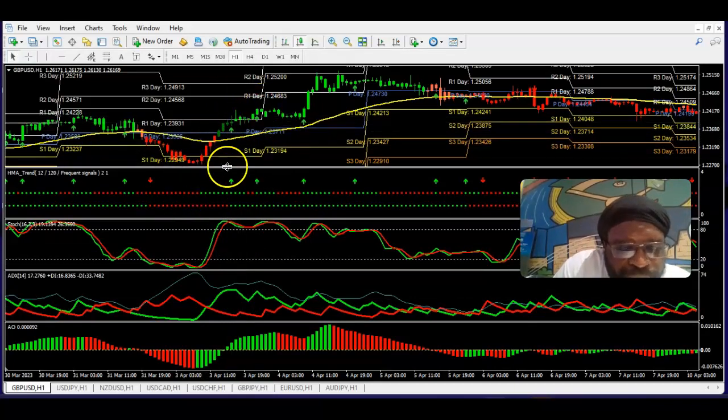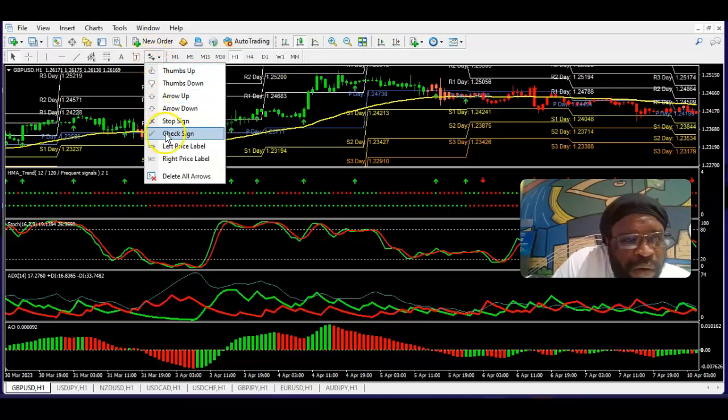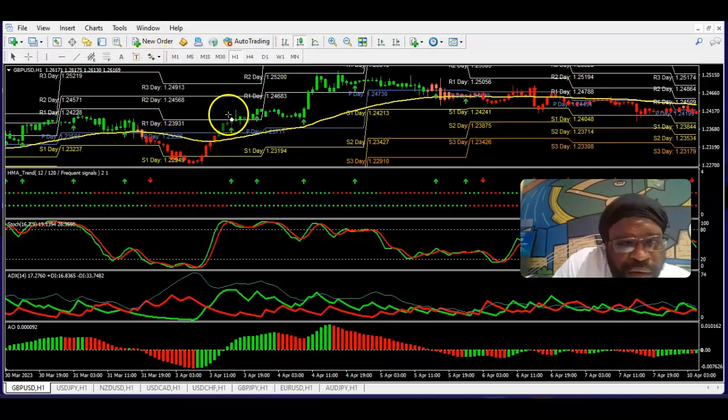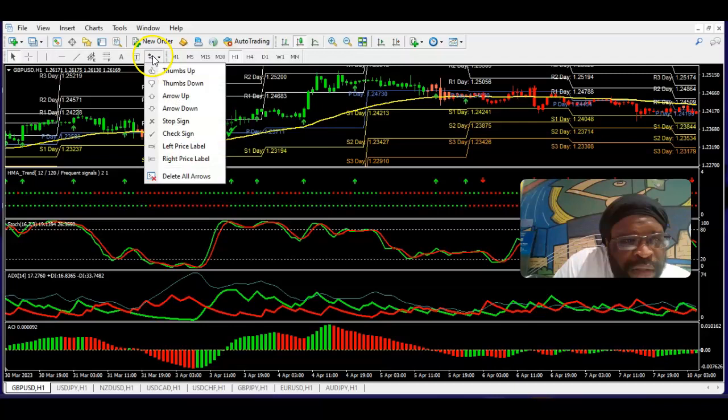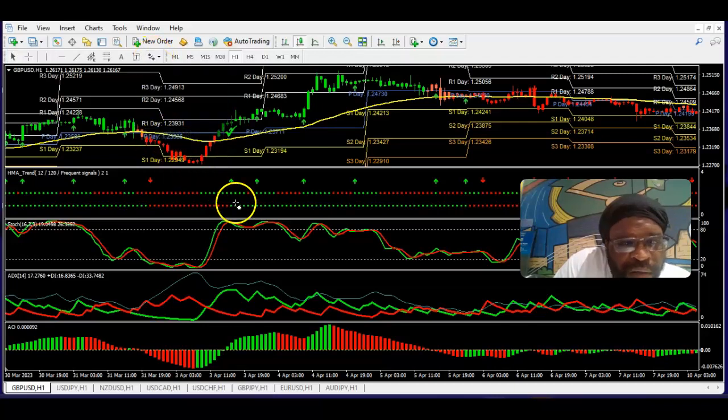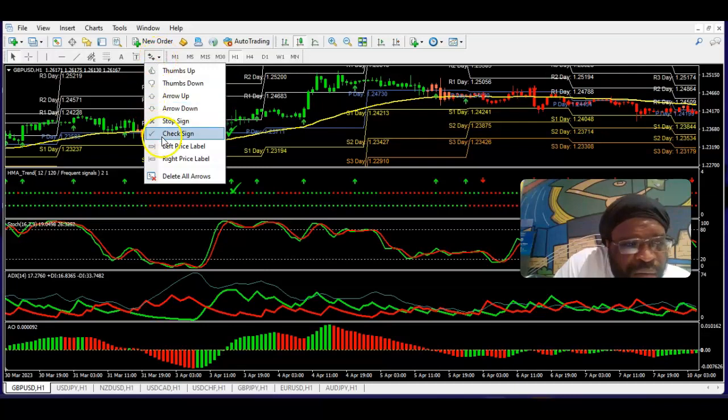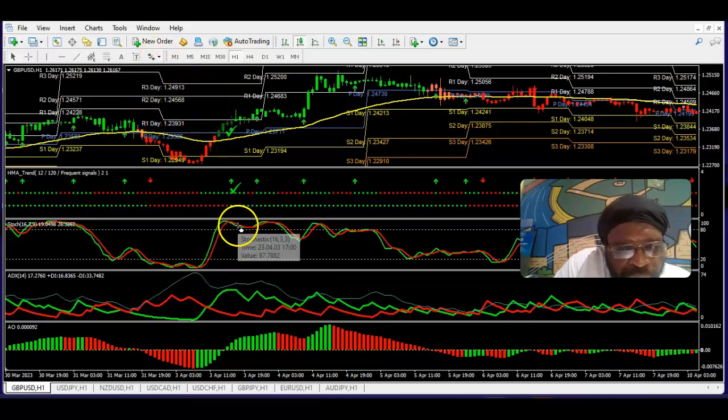Now, to be truthful, let's go through the checks. We have a check here: price is above, green candle. We have a check. Second check, we have our arrow saying we're okay to enter the trade. Third check, green over red, check.